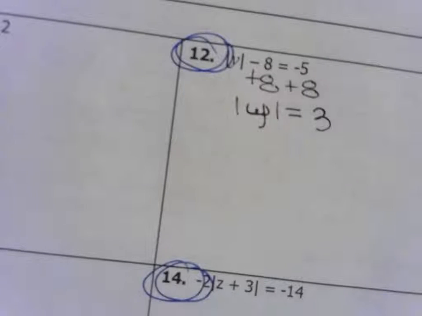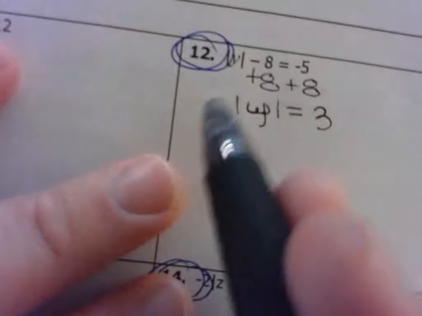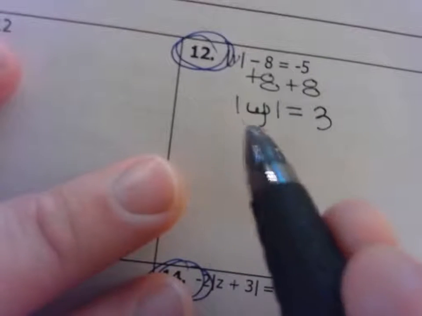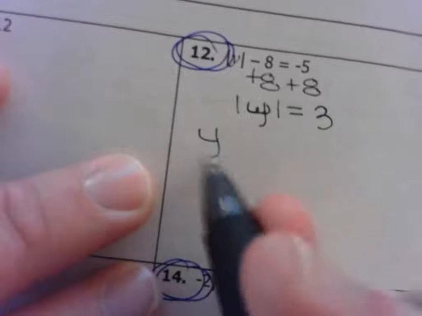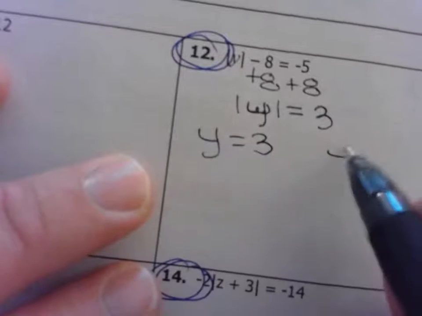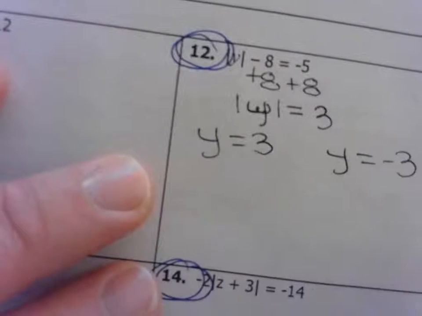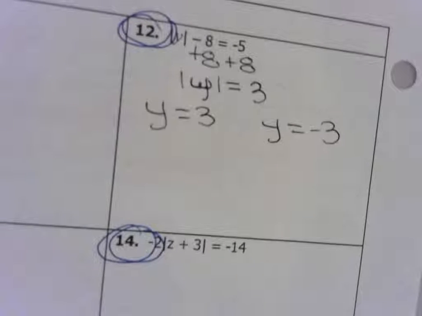So, I get everything away from it first. And now, this is just like we did on the first page, which you guys did well on the homework. Now, you have the absolute value isolated. There's nothing on the outside. So I do what next? Y equals 3. Y equals negative 3. Split, take the inside part and set it equal to a positive number and a negative number. So Y equals 3 and Y equals negative 3.